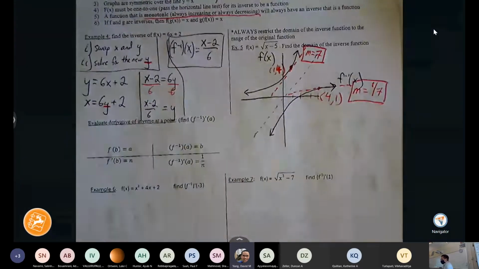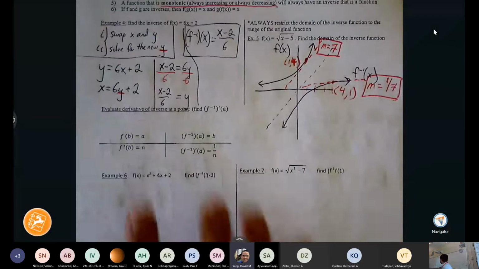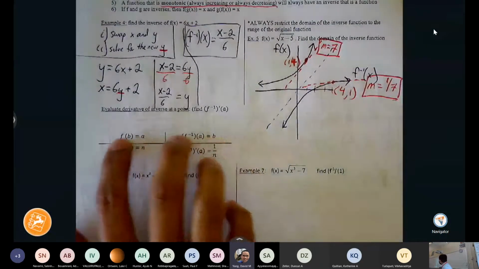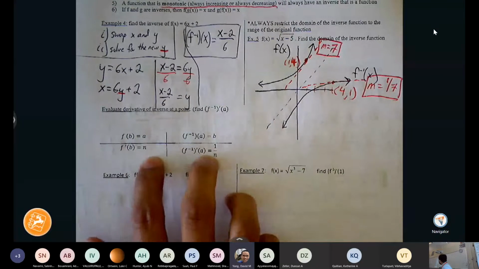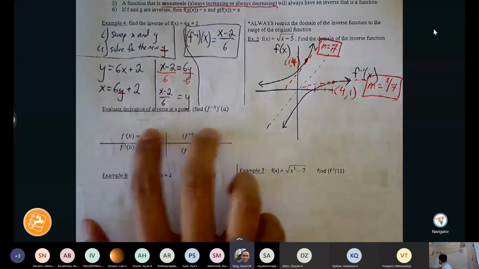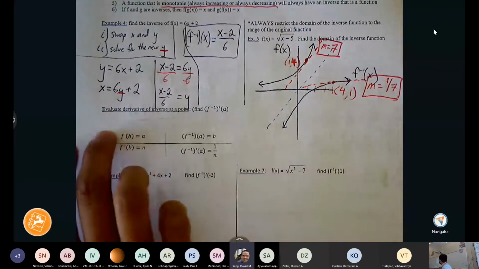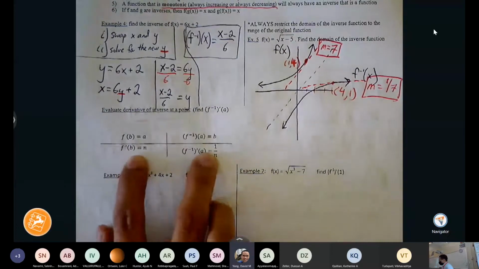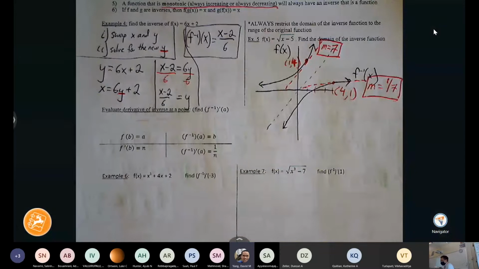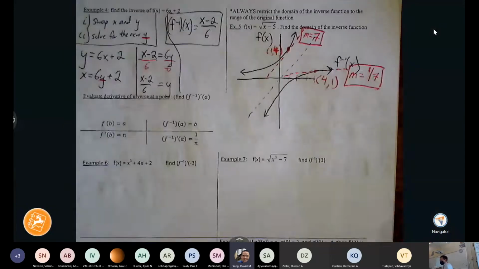I like to organize my information from an ordered pair standpoint and also from a derivative slope standpoint. My ordered pair information I like to put at the top spaces, and the bottom spaces I like to organize from a derivative or slope standpoint.